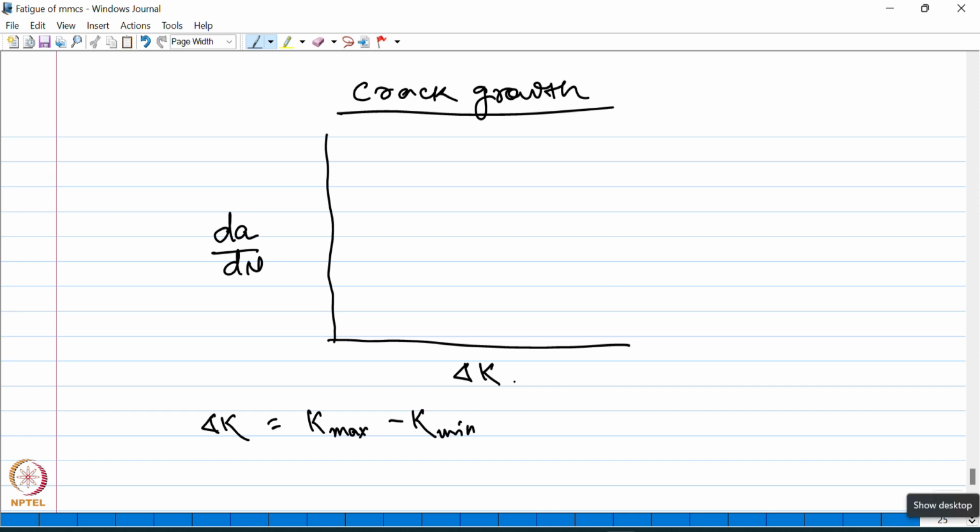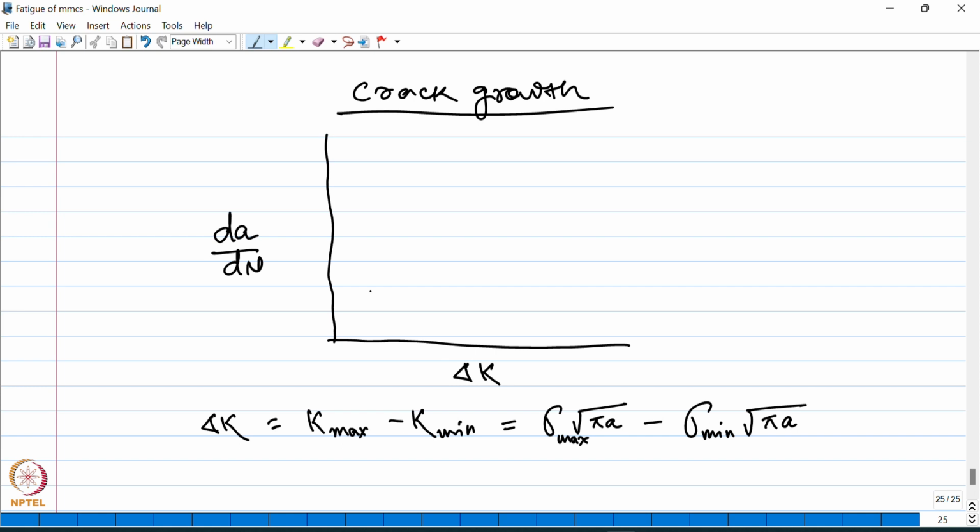This can also be written in terms of the applied stress, because K is equal to sigma times square root of pi a. So for K max it will be sigma max square root of pi a, and similarly for K minimum it will be sigma minimum square root of pi a, where a is the crack length.